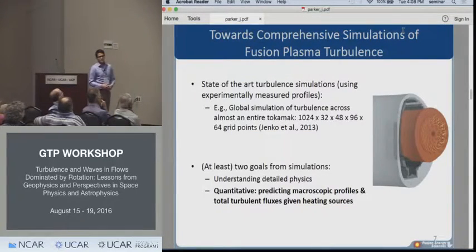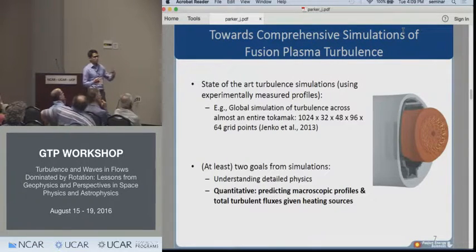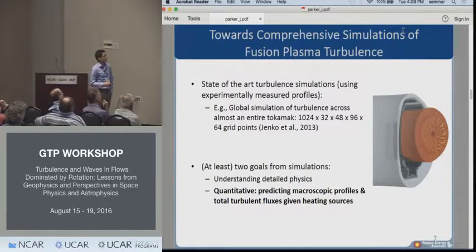As theory and computational power march on, the fusion community is moving towards comprehensive simulations of plasma turbulence, trying to get more and more realistic. To give you a typical example of what state-of-the-art simulations might look like, some recent simulations performed a global type of simulation for a tokamak, one in England.